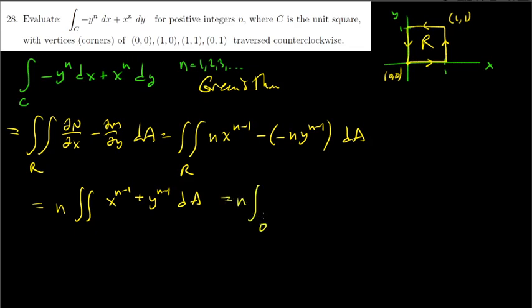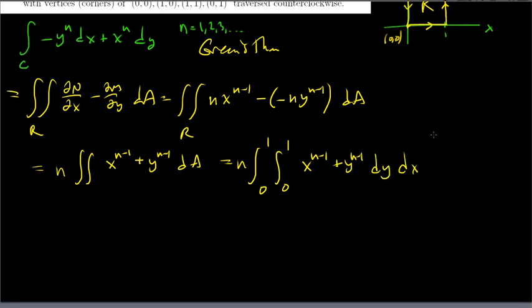And because this is the square, y is going from 0 to 1, x is going from 0 to 1. And we could do it either way, vertically simple, horizontally simple, either way.